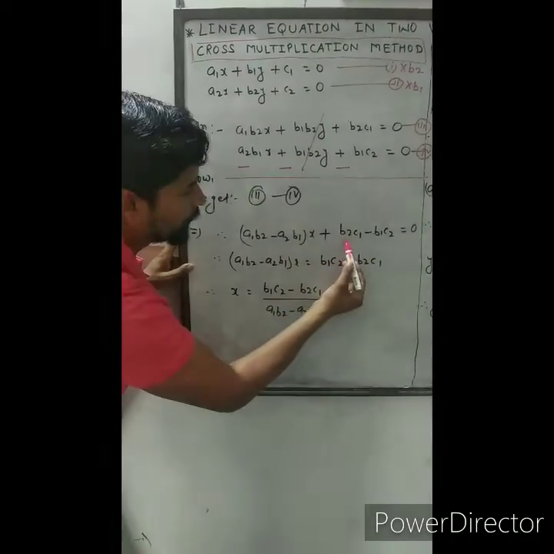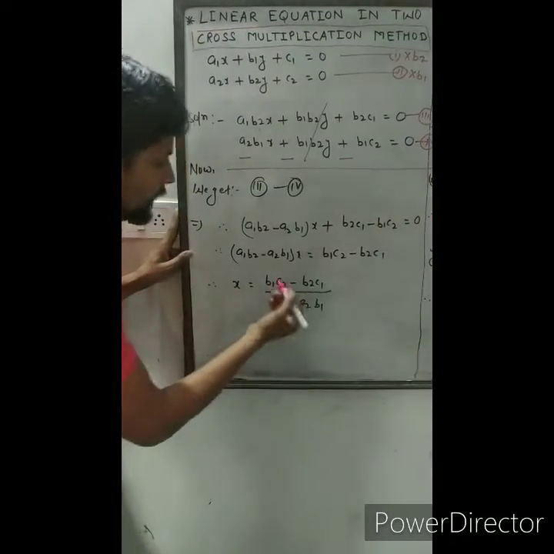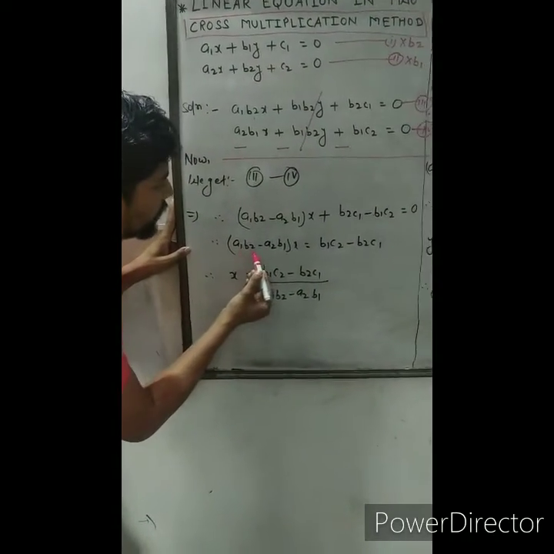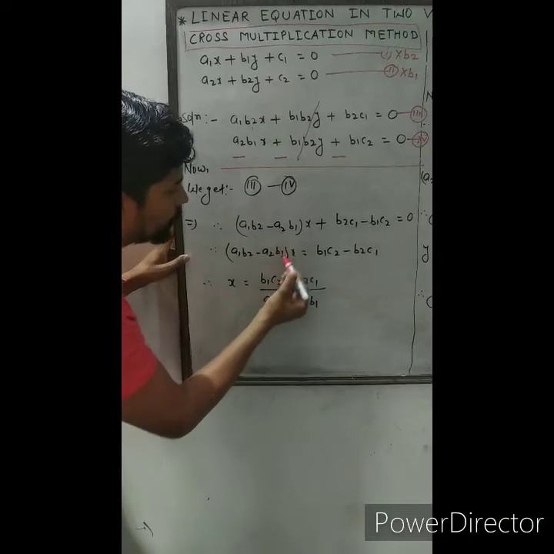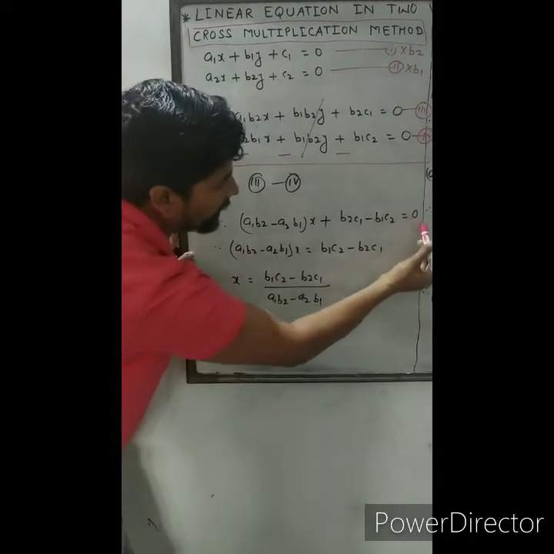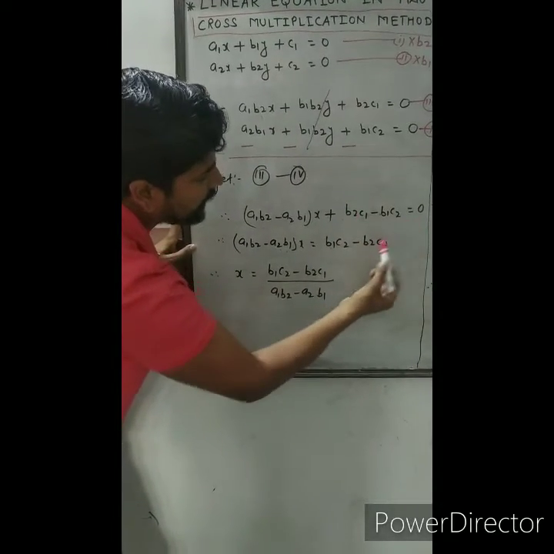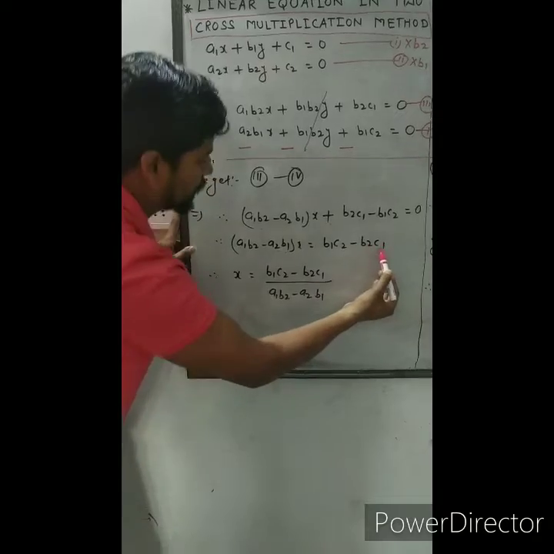Now we move b2 c1 and minus b1 c2 into the right hand side. So it becomes a1 b2 minus a2 b1 into x is equal to, when it goes into the right hand side it is b1 c2 and it goes into the right hand side it is negative, so b2 c1.